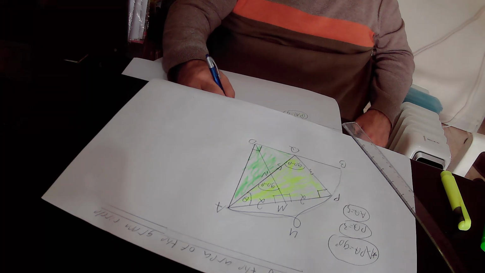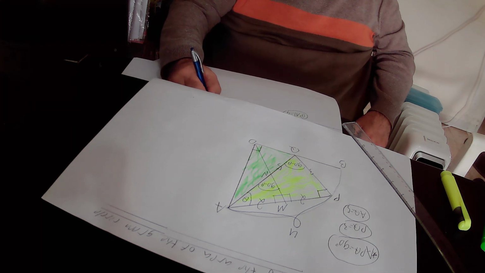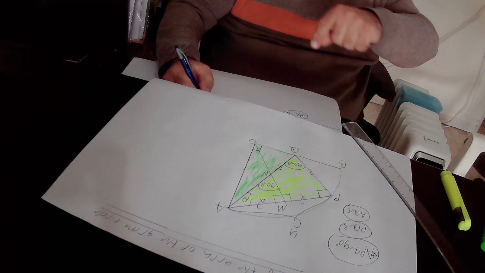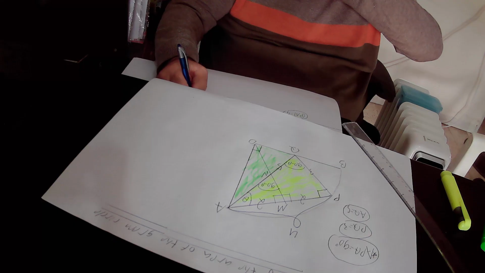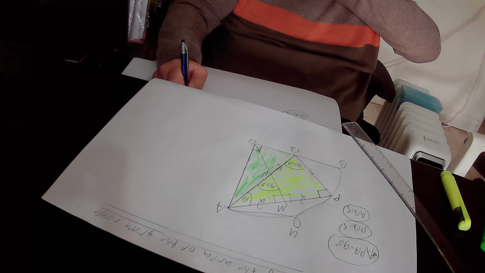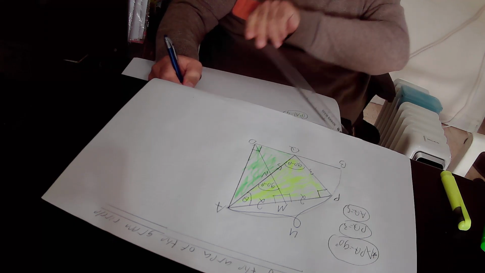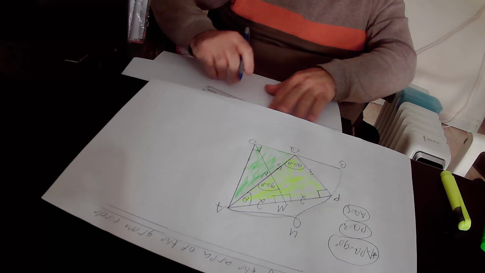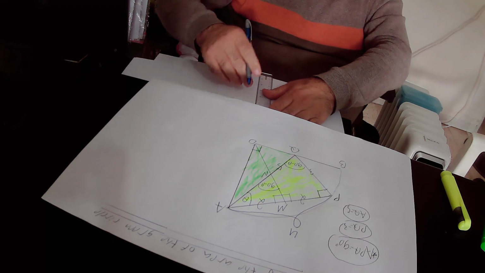The big right triangle APQ is similar to the small right triangle AMN. So why are those two right triangles similar to each other?